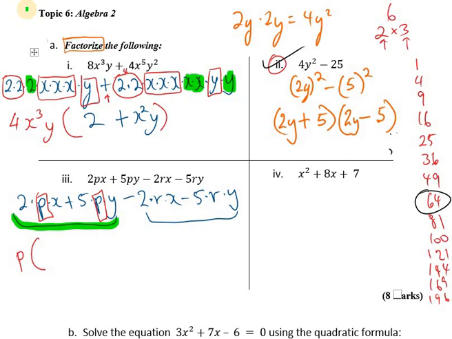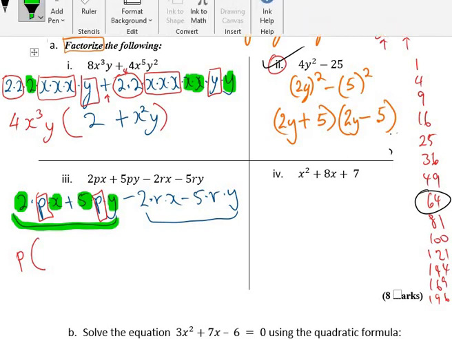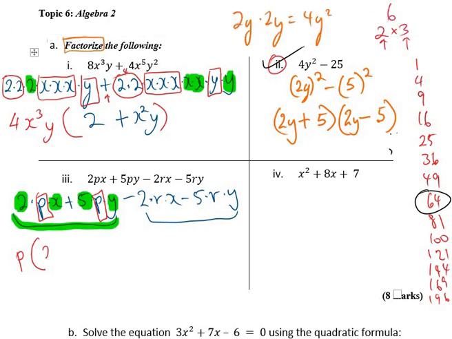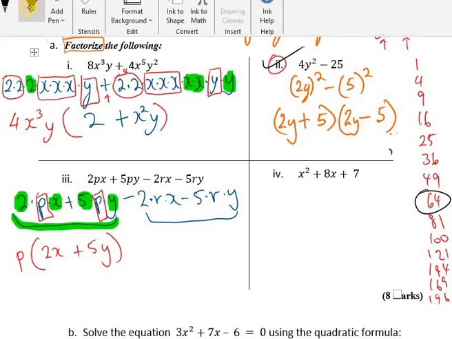What's common? p, pull it out. And then we're going to have 2x and 5y. So in the bracket, we're going to have 2x plus 5y.